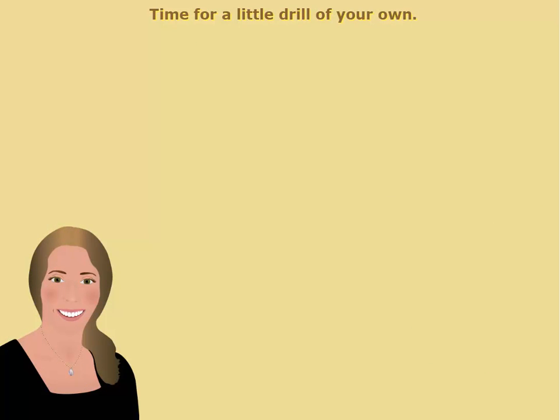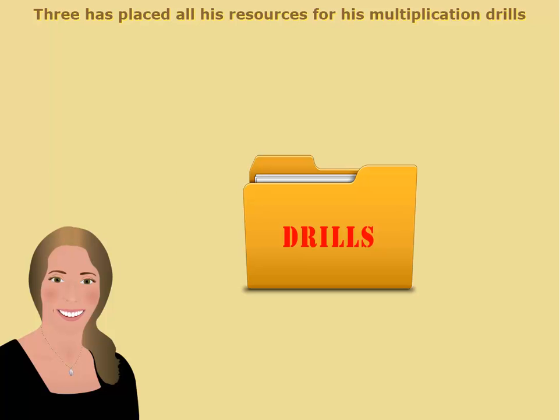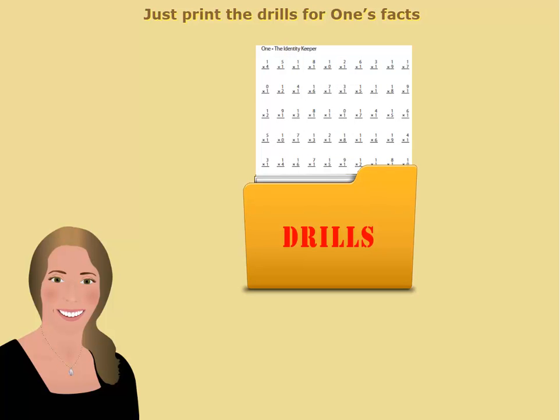Time for a little drill of your own. Don't forget to grab some cookies first. 3 has placed all his resources for his multiplication drills in a special folder named Drills, of course. Just print the drills for 1's facts and practice till you know them like you know your name.